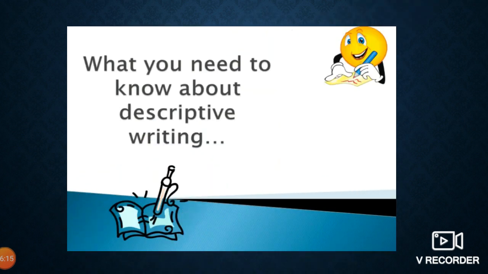So now which things are important? What you need to know about descriptive writing. Okay, so first of all, we are going to learn what a descriptive essay is. So first of all, a descriptive essay uses the senses. You know sense organs.